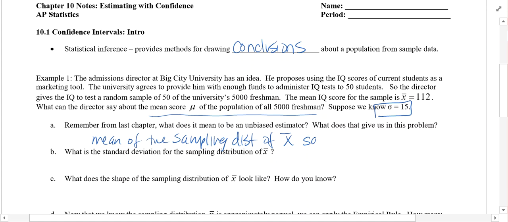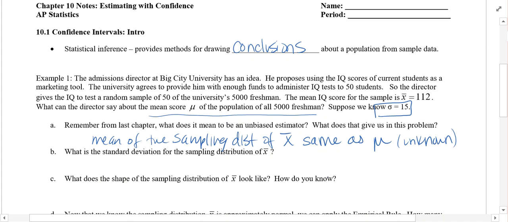It's going to be the same as mu, the population mean. In this particular problem, do we know what the population mean is? We do not. So this is unknown. That's the whole point of this chapter, that's what we're going to try to estimate.